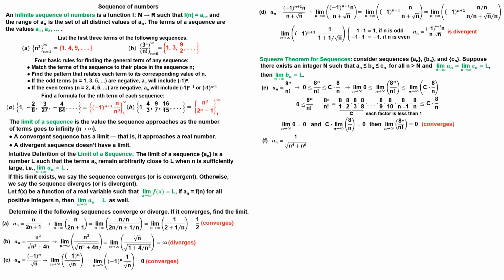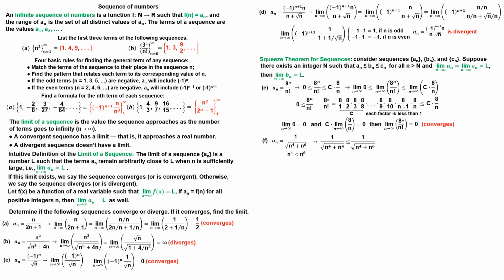Keep in mind that we want to apply the squeeze theorem by squeezing the sequence given between two sequences that converge to the same limit. We know that n to the power of 4 is less than n to the power of 6. So we find a sequence that is less than the original sequence by replacing n to the power of 6 with n to the power of 4.